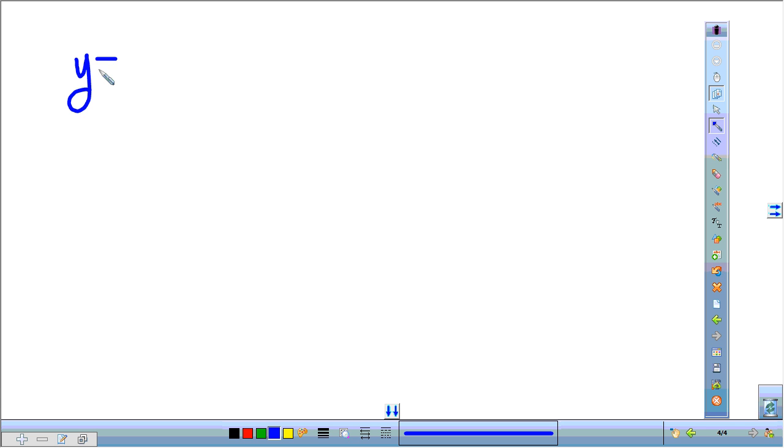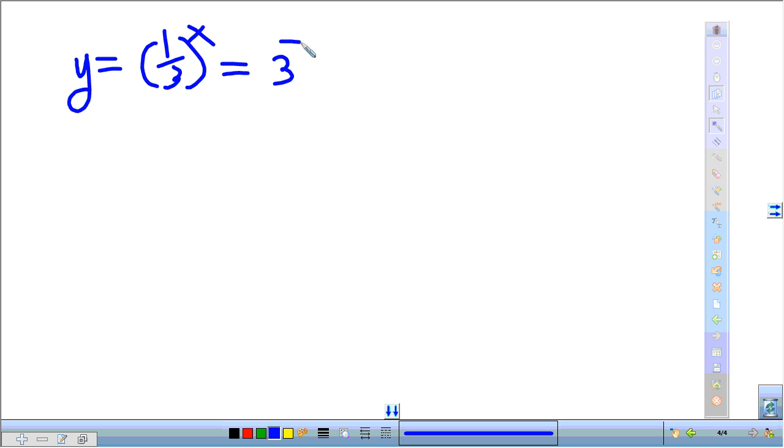But if we take a number like 1/3 as the base, it's actually 3 to the minus x, if I want to write it that way. So an exponential, but a coefficient of the exponent now.